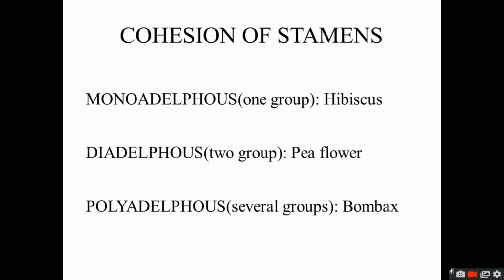Now stamens are mainly of a different group. That means if there is one group which is known as monoadelphous, one group of stamen, that means only single group, and this type of grouping is mainly seen in hibiscus.